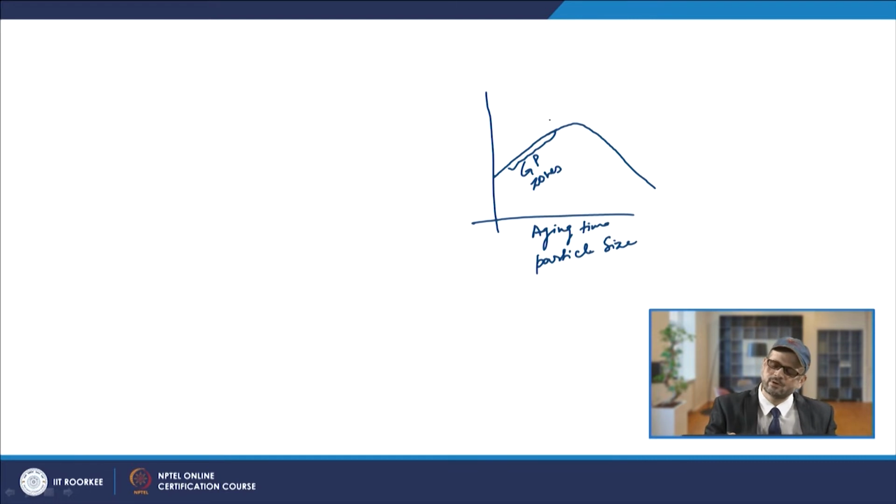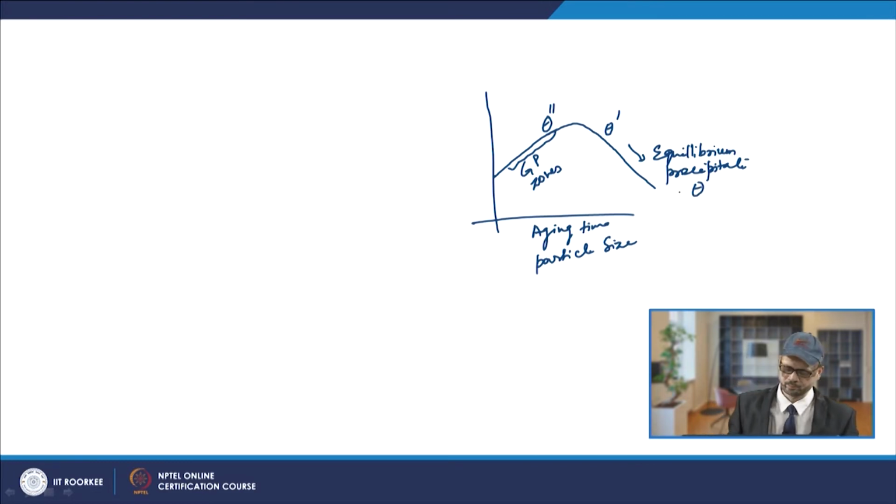Initially he found this theta double prime phase, that is GP1 zone, and then you have the theta prime zone, that is GP2 zone, and then finally he got the equilibrium precipitate. Towards the end he is getting the equilibrium precipitate, that is theta. So, theta is nothing but CuAl2.